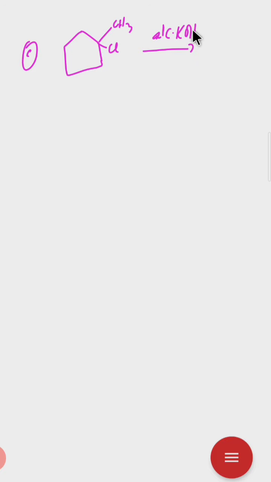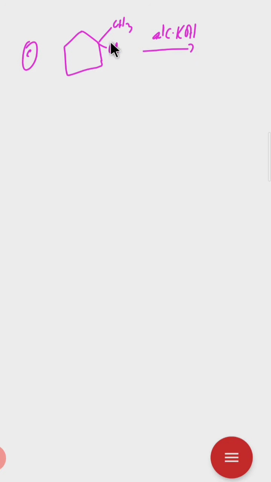Let me give you one more example of this elimination reaction. Suppose this is the haloalkane, and if it is reacted with alcoholic KOH, then what will be the major product?